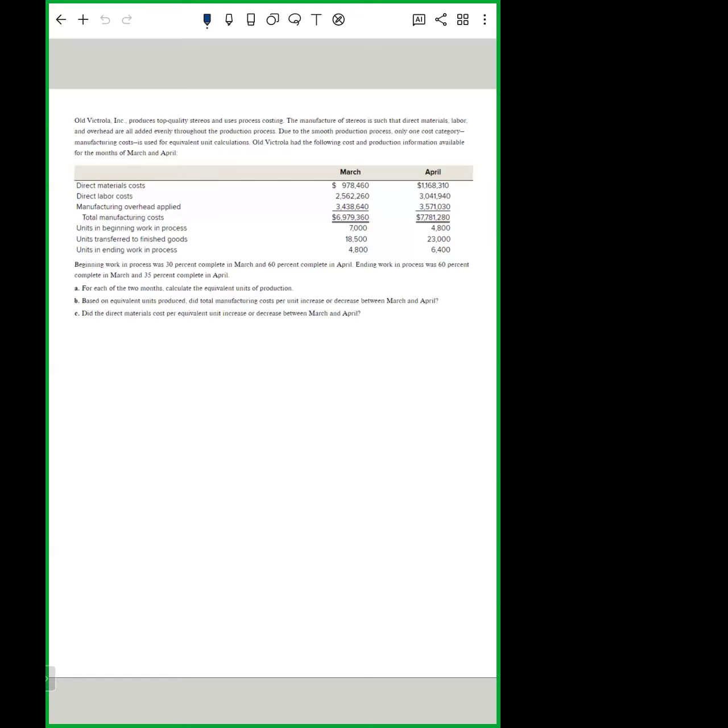So let's first come up with these equivalent unit calculations, and then from there we'll be able to use those numbers, use those units to be able to answer the questions about the cost. So first for March, it says that our beginning work in process units is 7,000 units, and beginning work in process is 30% complete.